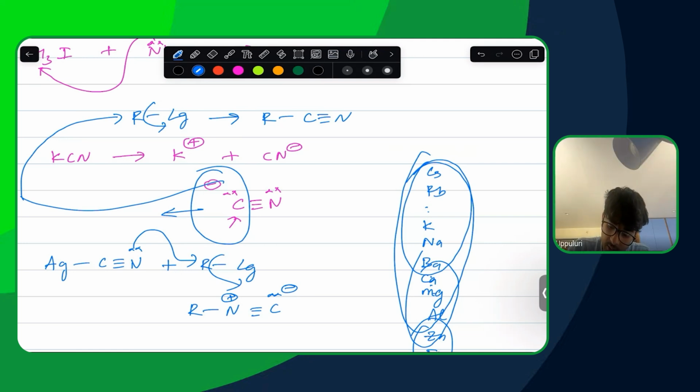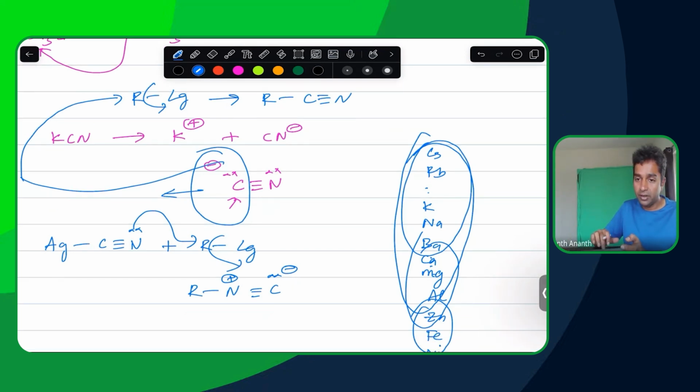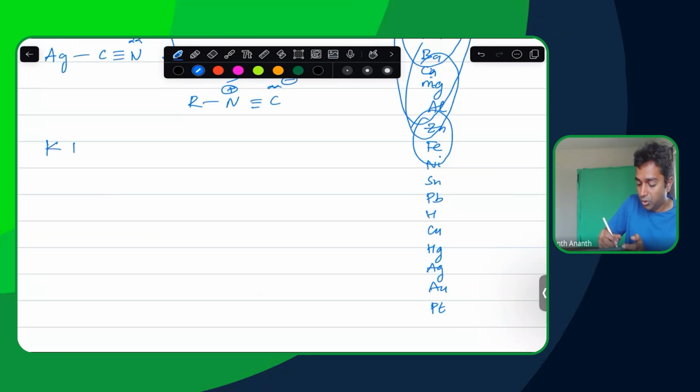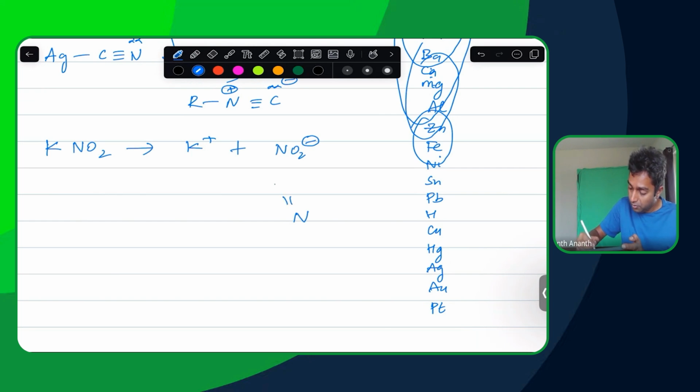The same thing applies when you have nitro. For instance, if I have KNO2, this will break up and give me K plus and NO2 minus, resulting in nitrogen. It will be like this. Which will attack now?